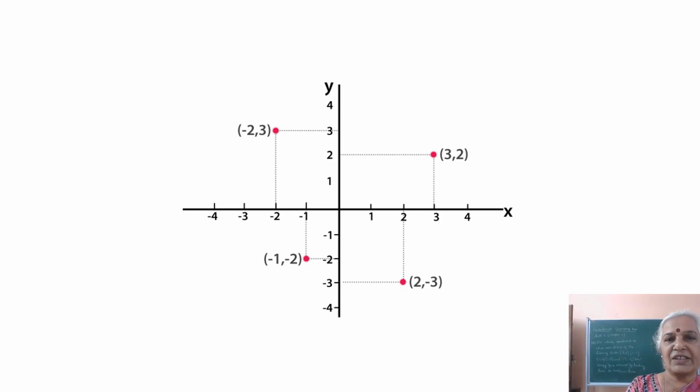Therefore, this is (-2, -3). And here -1 and -2 both are minus. Therefore, we have to mark it in the third quadrant, and (2, -3) comes in the fourth quadrant.